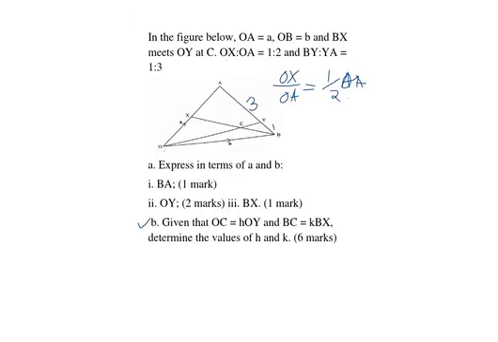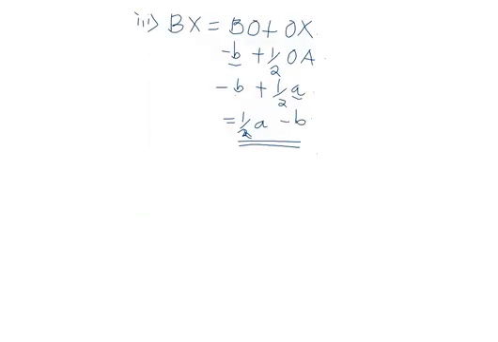Part B, we are told that given that OC is equal to h OY and BC is equal to k BX, determine the values of h and k. So we have to express OC in two different ways so that we can compare the two expressions, and that we will be able to find the values of h and k.